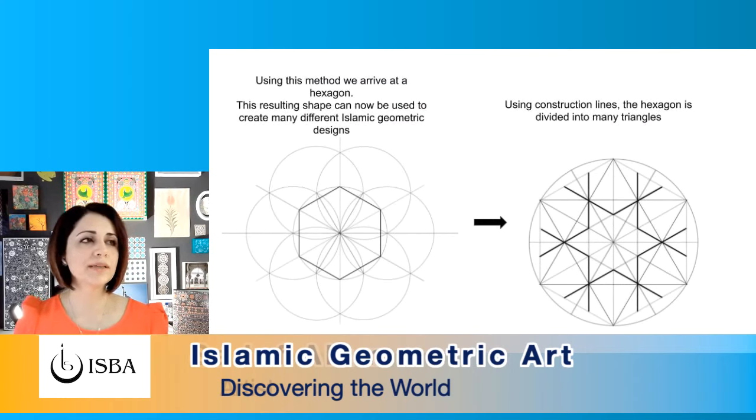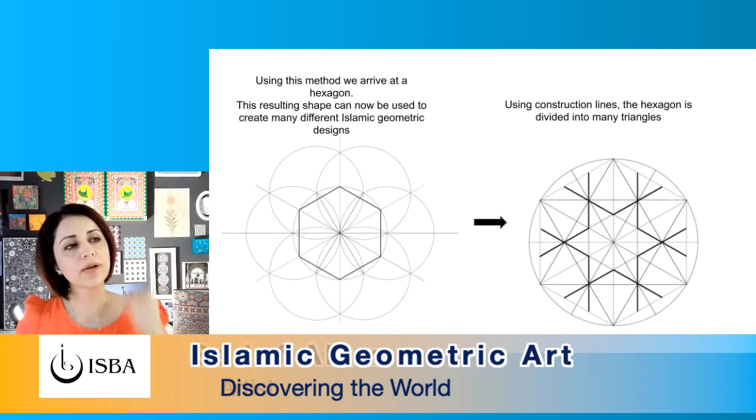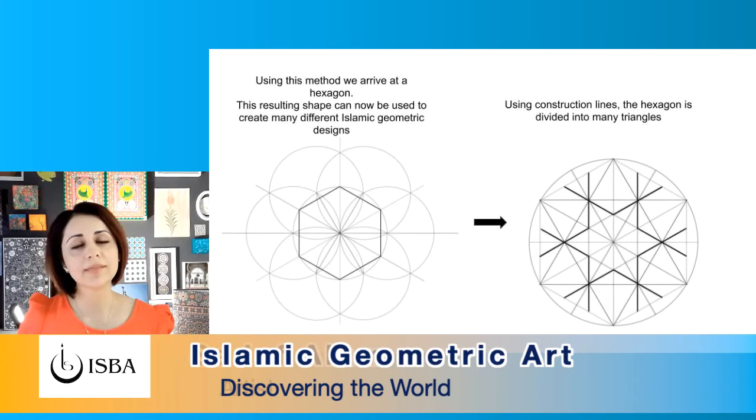Okay, so using that collection of circles that you saw that create kind of like a flower, we end up with a hexagon. And the second picture, the image that you see on the right side, using that hexagon, we have created construction lines. These construction lines are not the ending pattern, if you will.